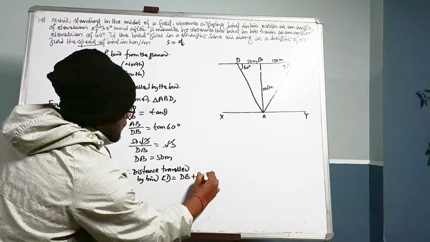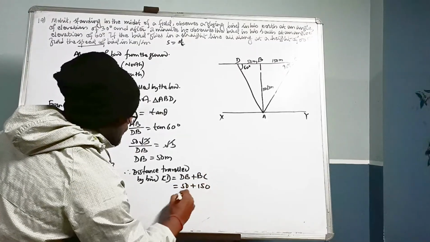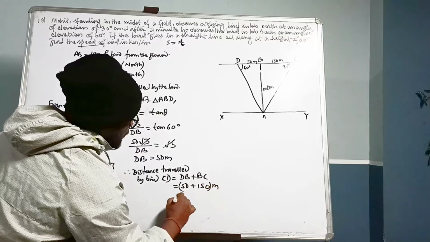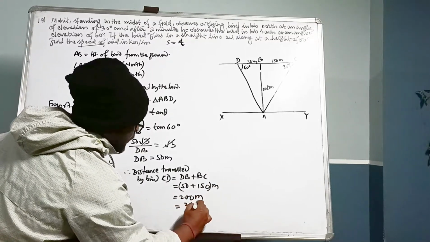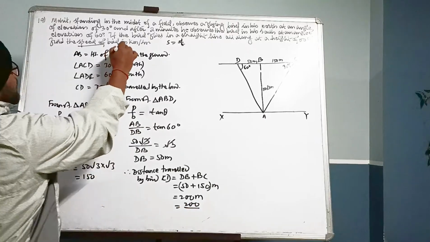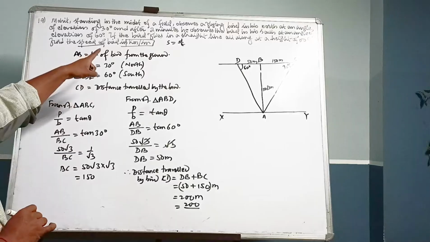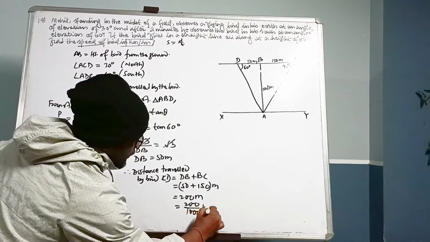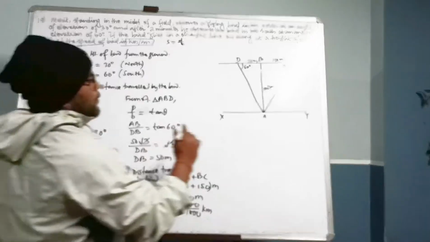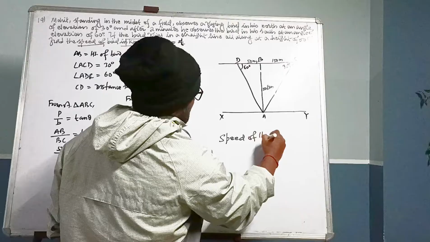DB plus BC, which equals to 50 plus 150. This is in meter, it becomes 200 meter. You convert this 200 into kilometer because the question has asked you to find the value of speed in kilometer per hour. So divide by 1000. Clear?